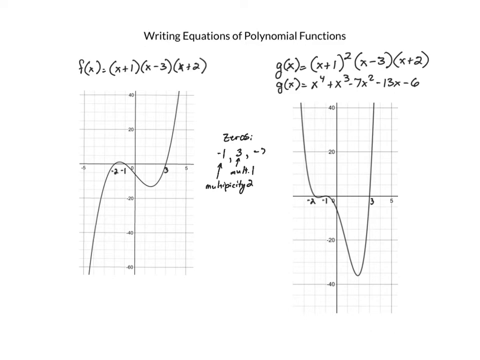And -2 also has a multiplicity of 1. And if your multiplicity is even, your graph will always just touch at that 0 and turn around. If your multiplicity is odd, as in the case of the 3 and -2, where their multiplicity was 1, your graph will always cross the x-axis at that 0.